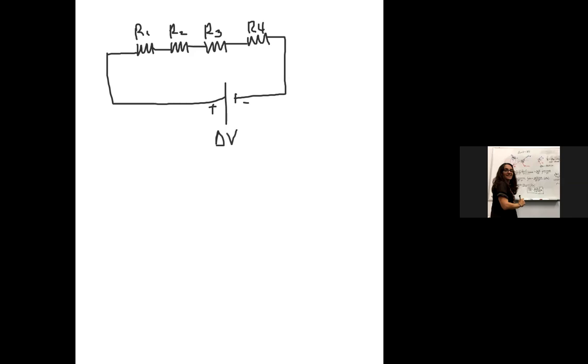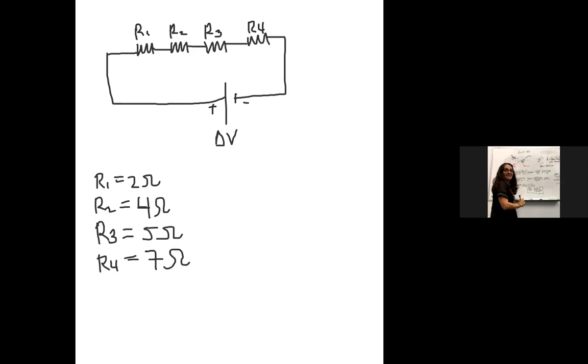All right, so if resistor 1 had a value of 2 ohms, resistor 2 had a value of 4 ohms, resistor 3 has a value of 5 ohms, and resistor 4 has a value of 7 ohms, and it is connected to a battery of 6 volts, and yes, we could call that the EMF.